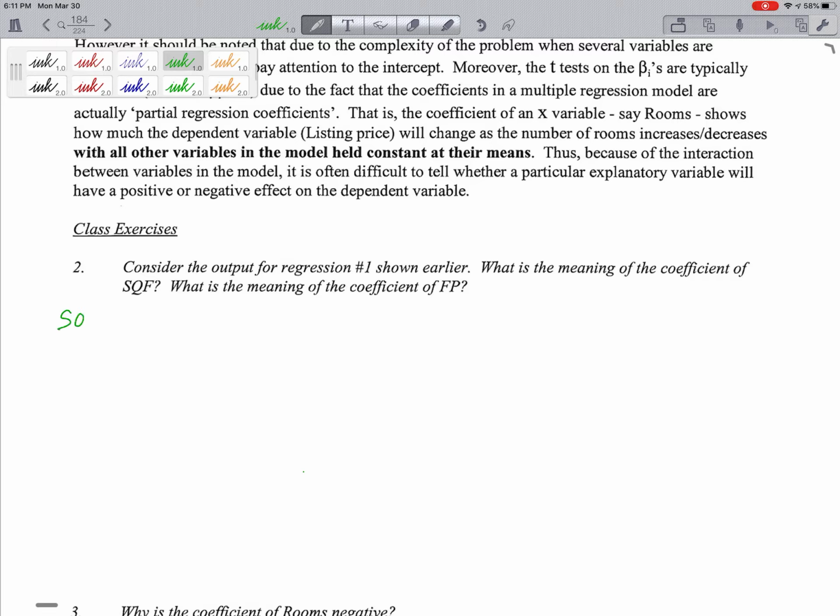What we have here for square footage is that the coefficient was 30.17. And that is the price per square foot.